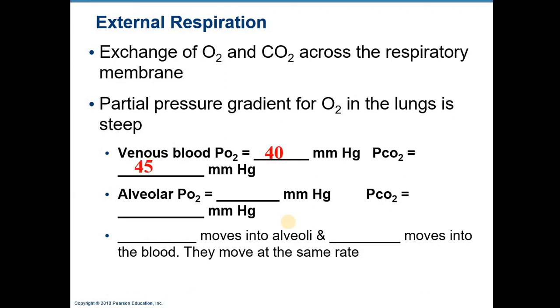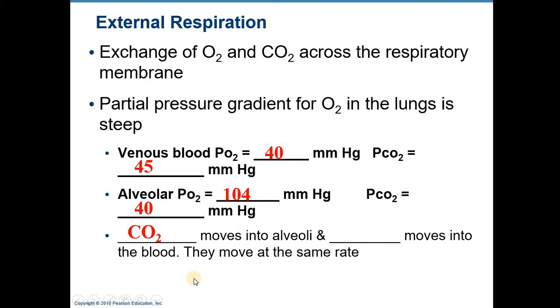For the exchange of oxygen and carbon dioxide across the respiratory membrane, the partial pressure gradient for oxygen in the lung is steep. In the venous blood, the partial pressure of oxygen is 40 and of carbon dioxide is 45. In the alveoli, carbon dioxide is 40 and oxygen is 104.